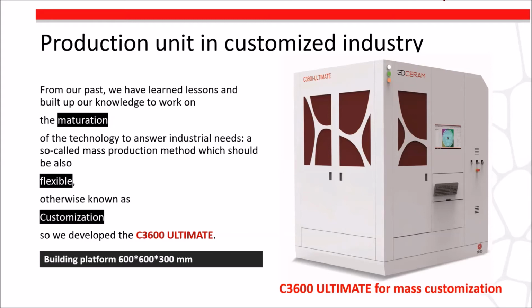So printing, as I said at the beginning, is running well with this machine. Now we are really working on how to debind and sinter such big parts correctly. The idea for the customers is that you can print many parts. Small is good, but it's better also if you can print bigger parts. So that's one advantage of such a machine.